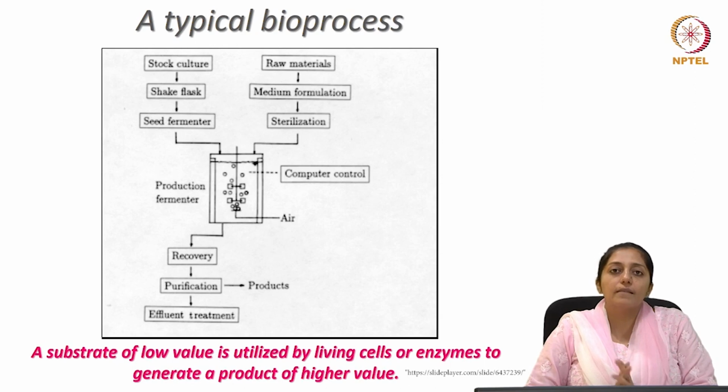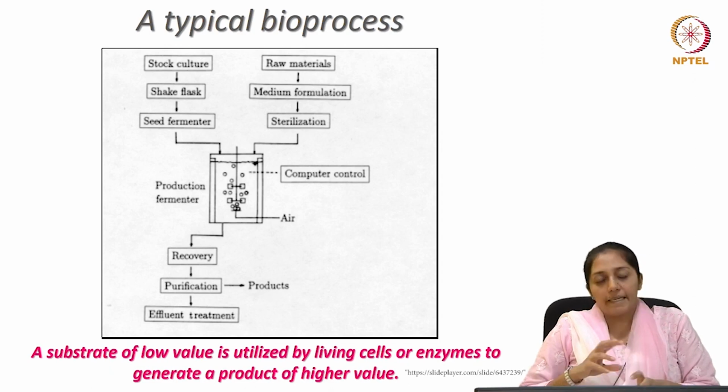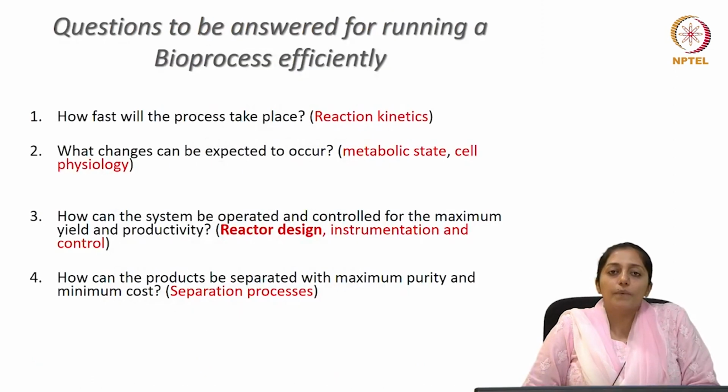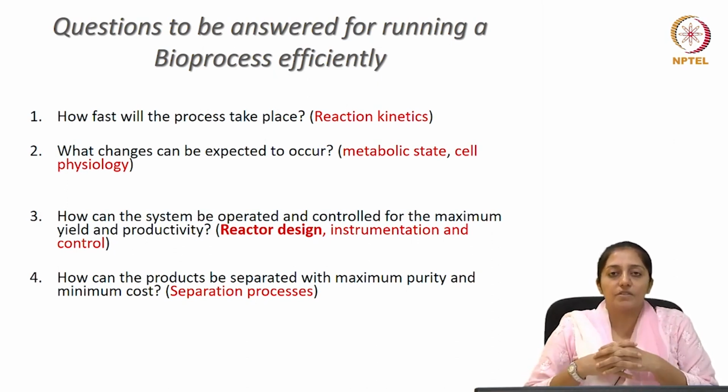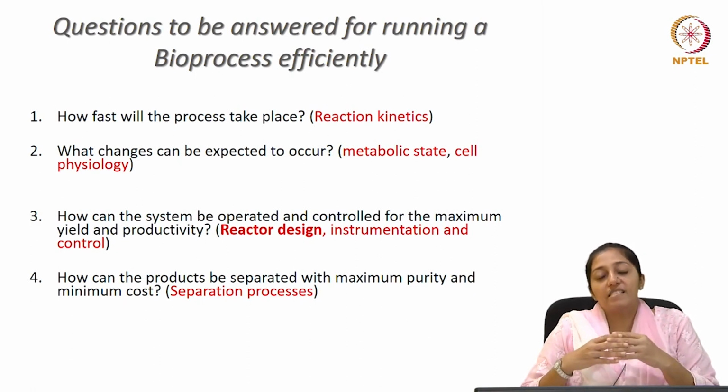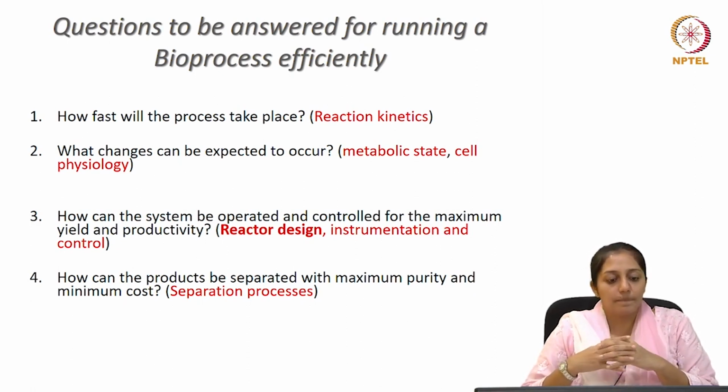So this entire schematic is responsible while converting a substrate of low value getting utilized by the living cells to produce a product of high value. Now the questions which are required to be answered for running a bioprocess efficiently involve questions like how fast will the process take place, which includes investigating the reaction kinetics.